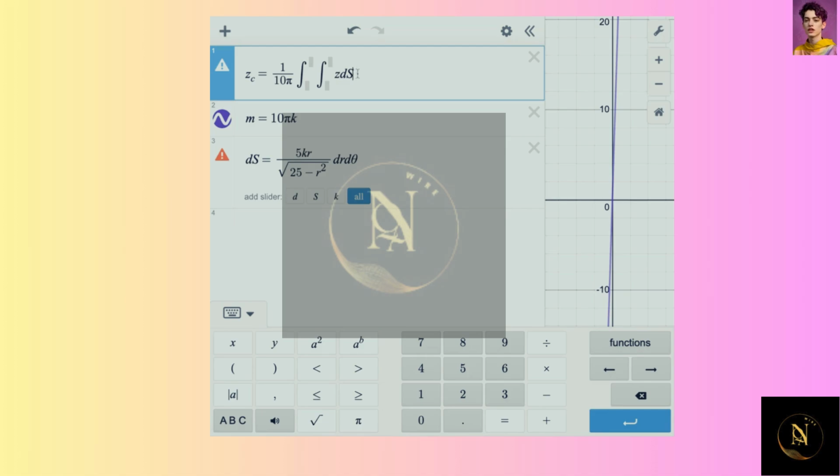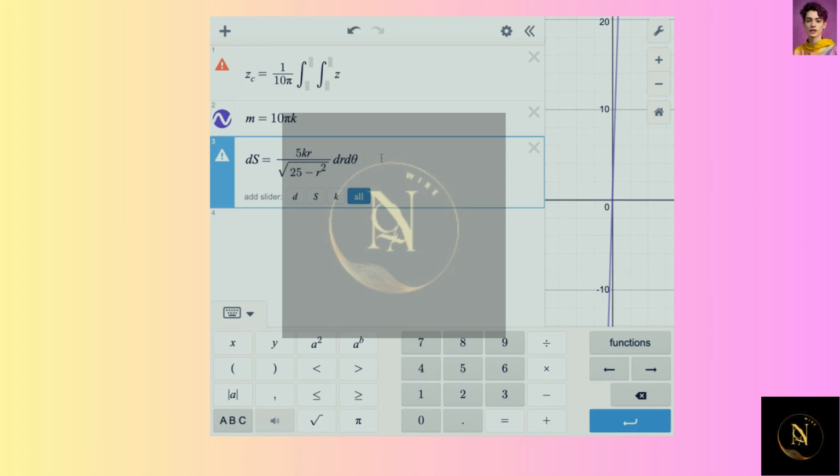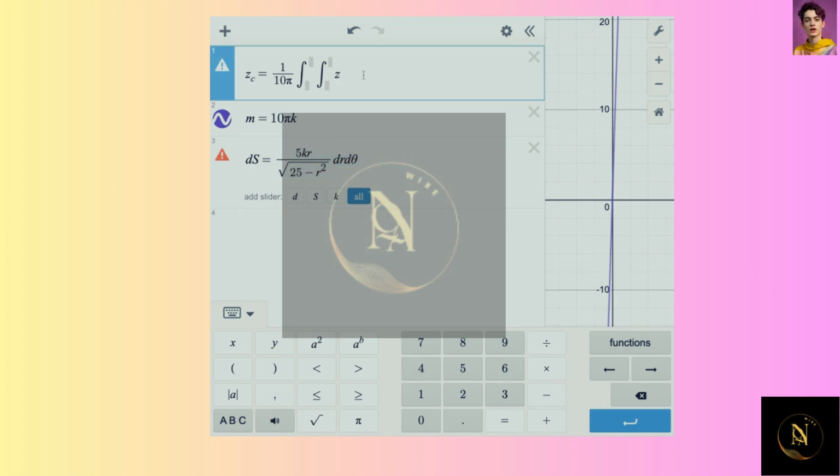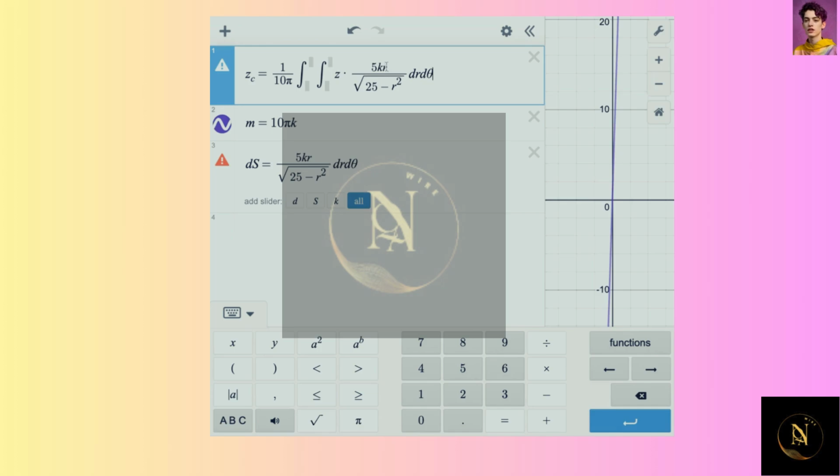And we've already calculated our dS, so we know that it will look like this. The only difference is we could change the r's and the x's and y's back.